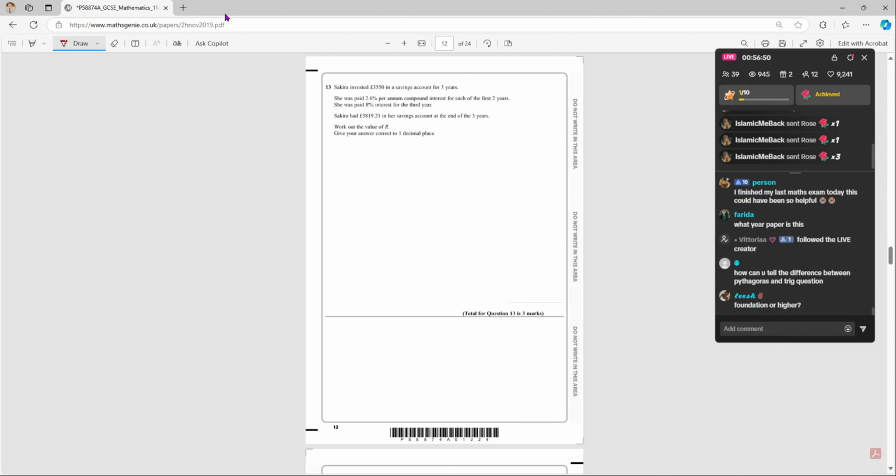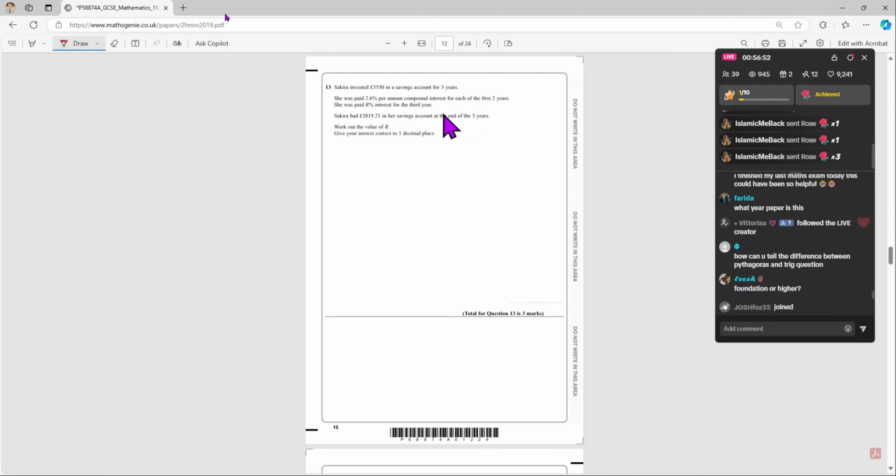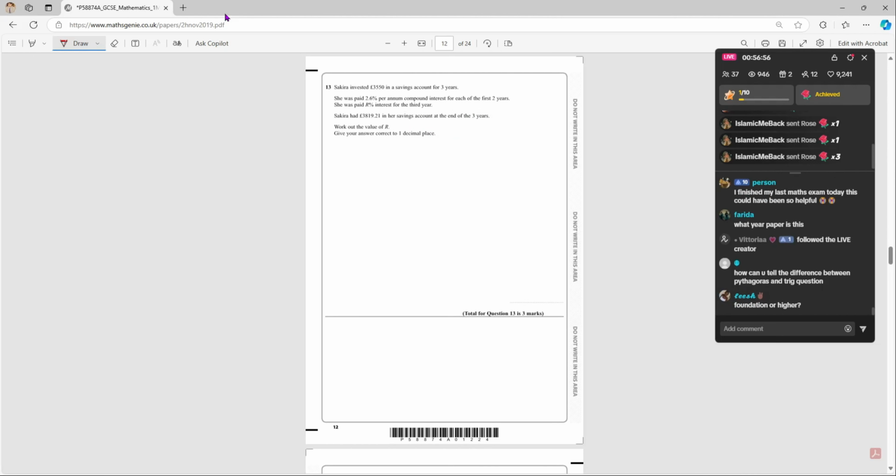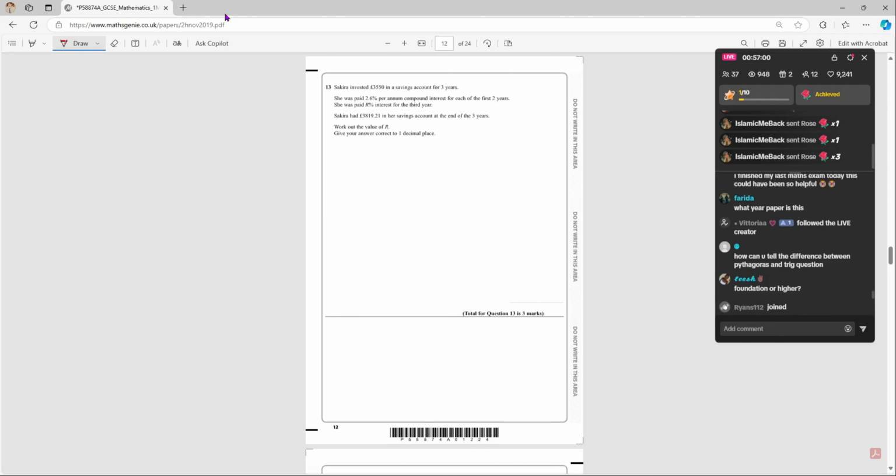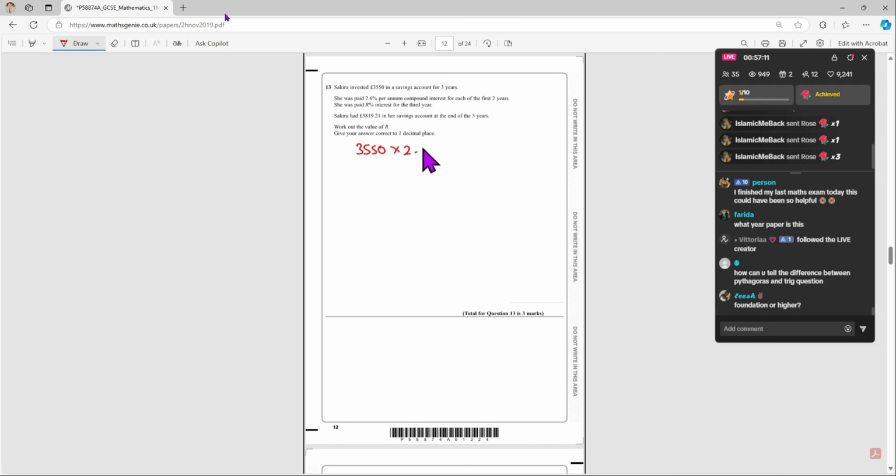To find the value of x, we have to first of all write this as a whole equation. So we know that she made 3,819.21 at the end of her savings. First thing you have to do, we can write that she put £3,550 in her bank account. Then she was paid 2.6% interest, so we have to use our multiplier.